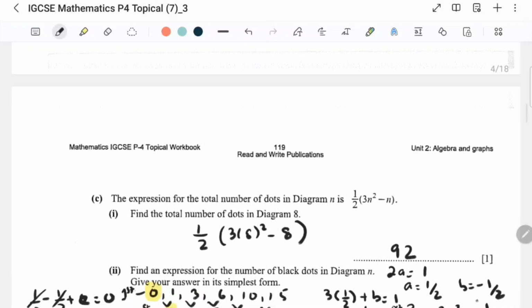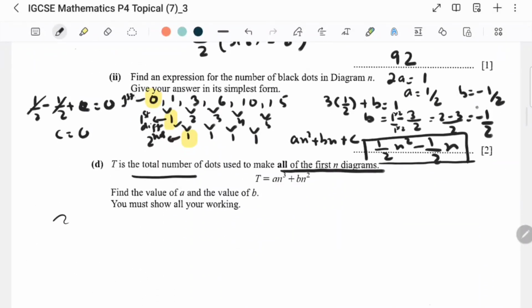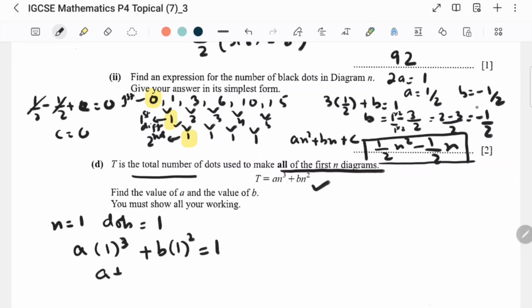When n is 1, the dots are 1. So we put it in the same formula: T equals an cubed plus bn squared. So a times 1 cubed plus b times 1 squared, and the dots are 1. So a plus b equals 1 is your first equation.